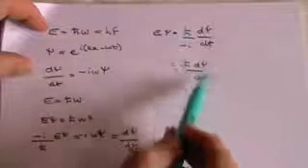So we can substitute E psi for i h bar d psi by dt into the Schrodinger equation, which you'll remember was E psi equals minus h bar squared over 2m d2 psi by dx squared plus U psi.